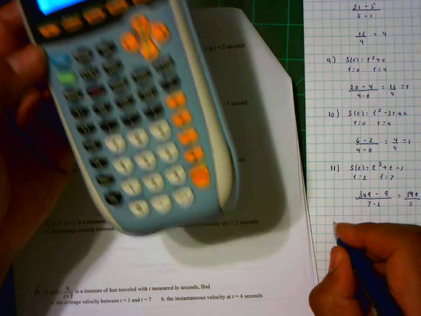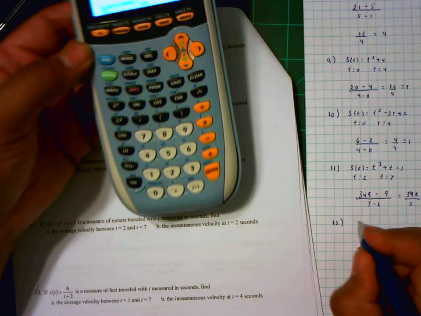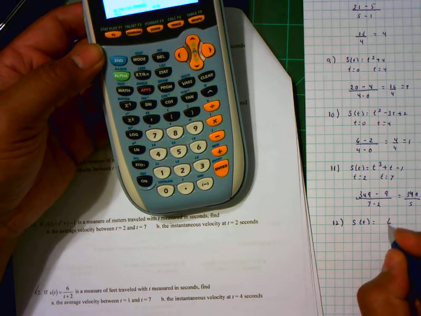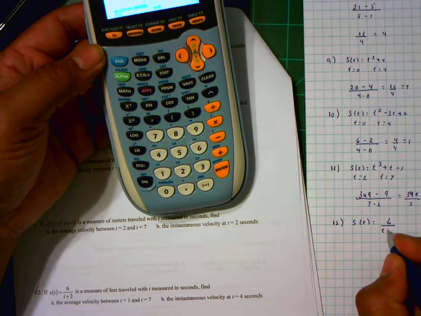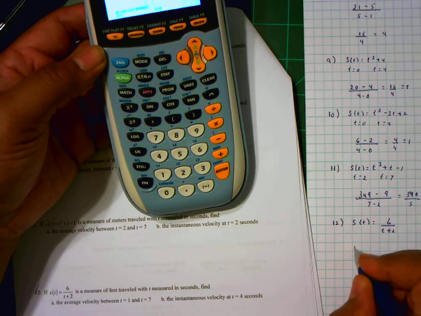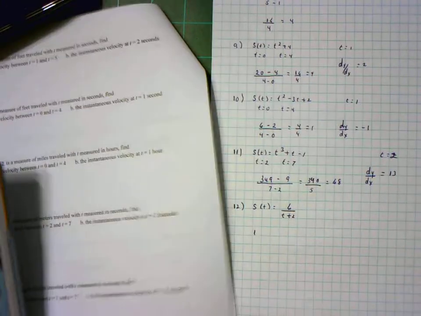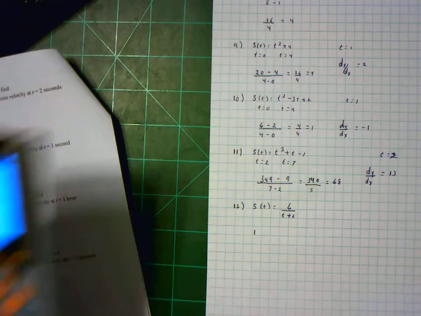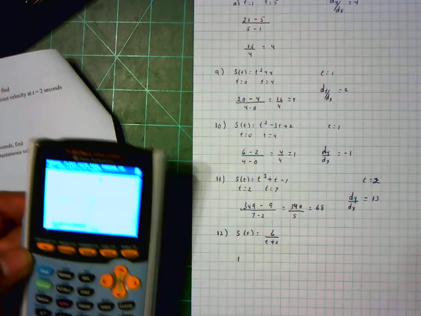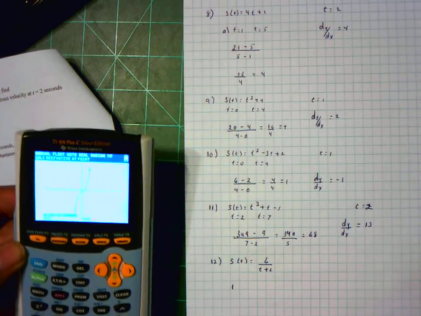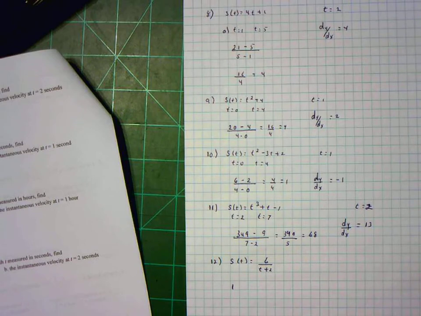And the last problem is number 12. S of t equals 6 over t plus 2. And I'm going to go from 1 to 7. I don't know how much of this you weren't able to see, but I'll put it all back up again. Okay.